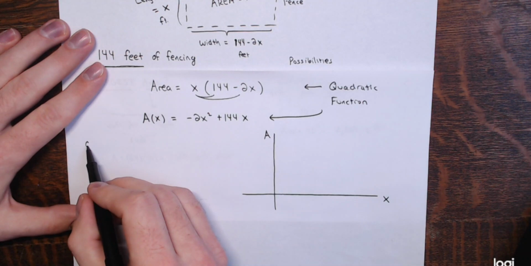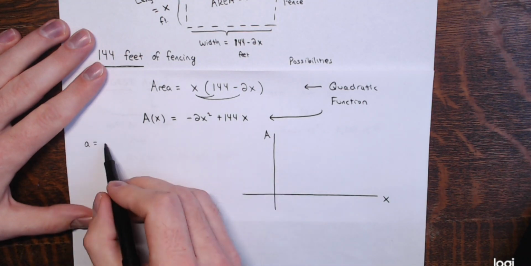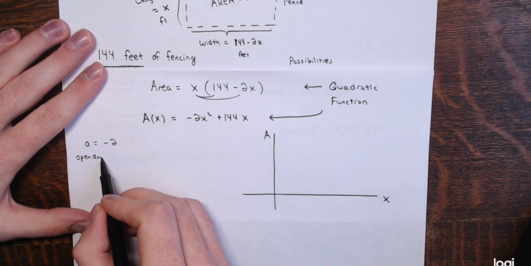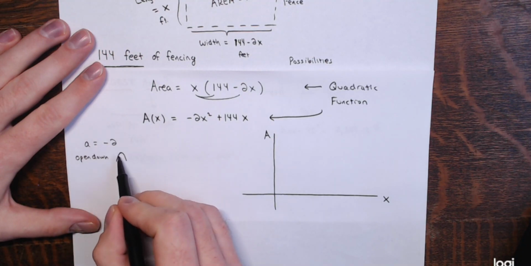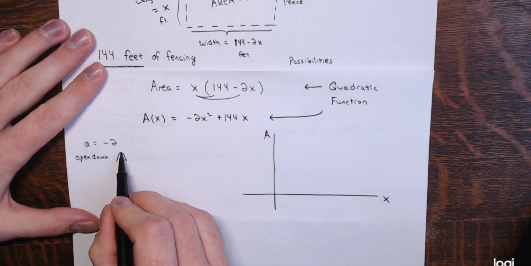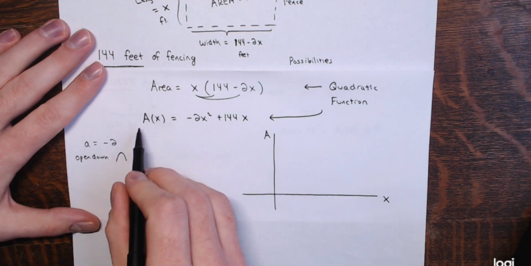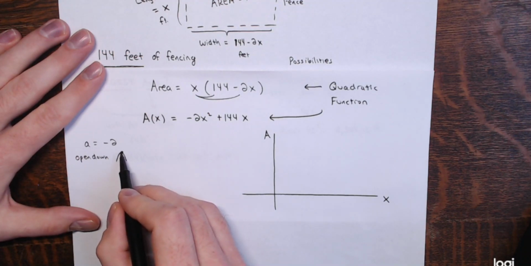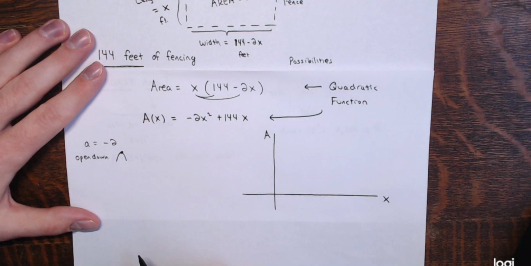The lowercase a, the lead coefficient, is -2. So this is going to be a parabola opening down like this, meaning it's going to have a highest point. There will be a largest area, and that is what they're asking us to find. What is the area, the output at that highest point?